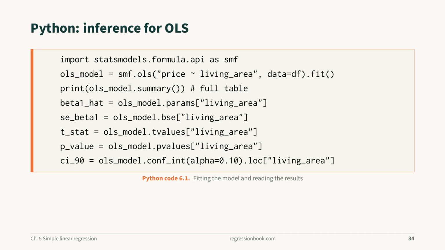Python's statsmodels mirrors the whole exercise: fit with the formula interface, print the full summary table, then read the parameters, standard errors, t-values and p-values by name, with the interval method taking whatever level you choose. Two languages, the same numbers, and the same names attached to the same statistical objects.